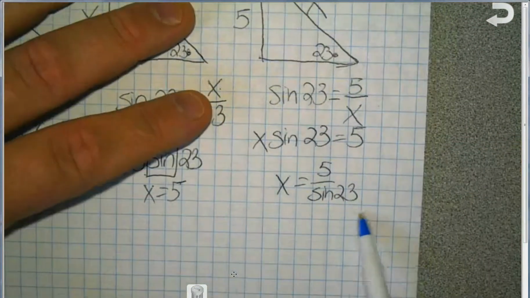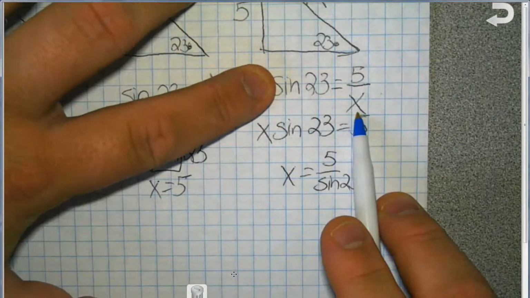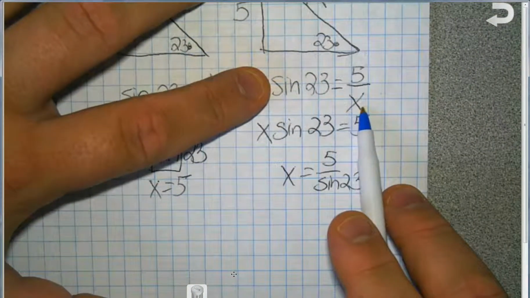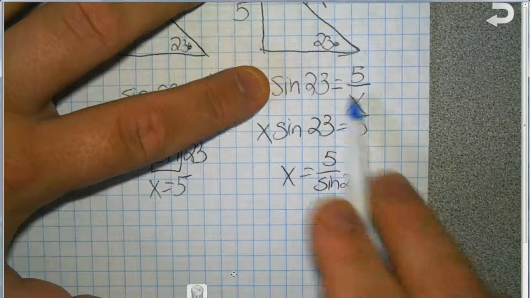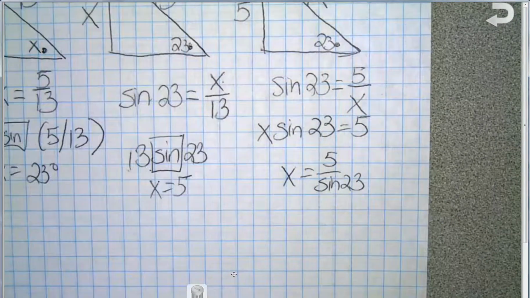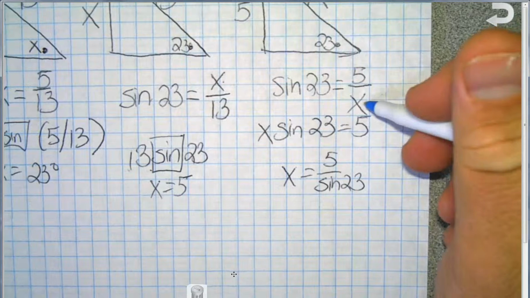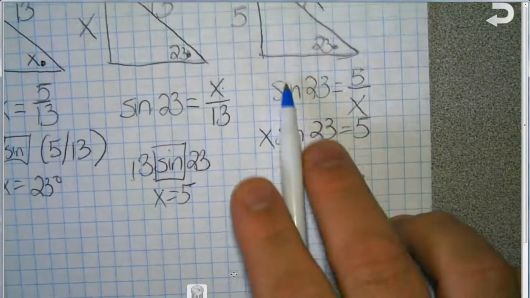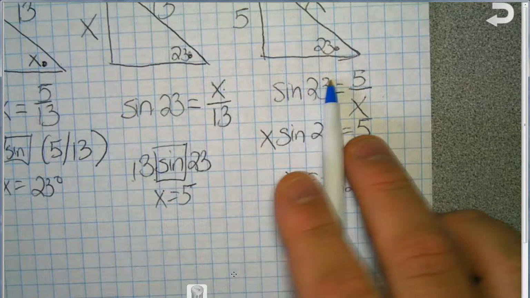So when we're done, what happened to these two things? Didn't they just switch places? So when the x is on the bottom of the fraction, you're just going to switch places with whatever we're measuring.